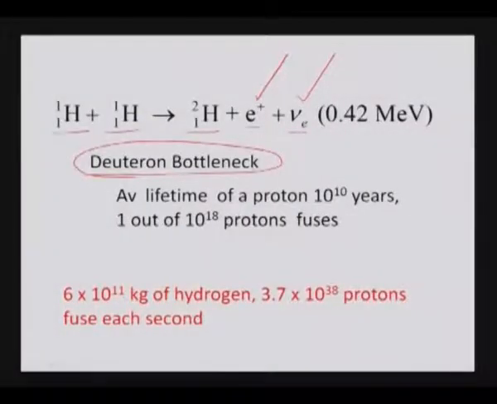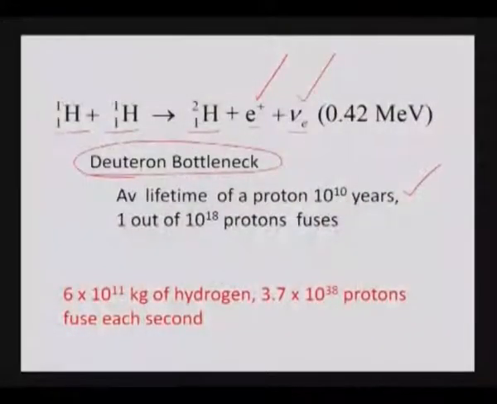It is known as the deuteron bottleneck, and the probability of this reaction is so small that the average lifetime of a proton in that situation, I am not talking of proton decay or anything, is how much time it should be there before another proton comes and makes it a deuteron. That lifetime is around 10 to the power 10 years, or 1 out of 10 to the power 18 protons will fuse.